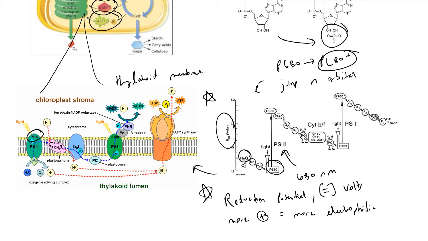And then also a final note I'll make about what is going on in these complexes is as the electrons move through these electron transport chains that exist in your thylakoid membrane, what we essentially see within each one of these protein complexes is a series of protonations and deprotonations, and that is a consequence of the electrons moving through it.